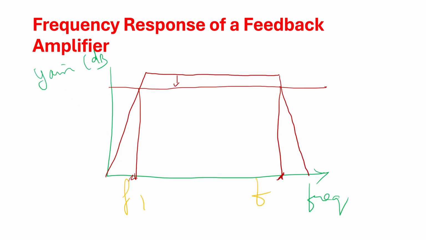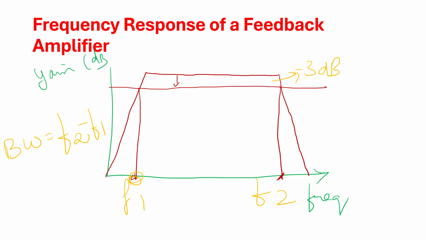F1 and F2. This is a range of minus 3 decibels in order to observe the cutoff frequency. Yes, the bandwidth is calculated in this manner. The upper cutoff frequency is F2 and the lower cutoff frequency is F1. The bandwidth of the amplifier circuit is calculated as the upper cutoff frequency minus the lower cutoff frequency.